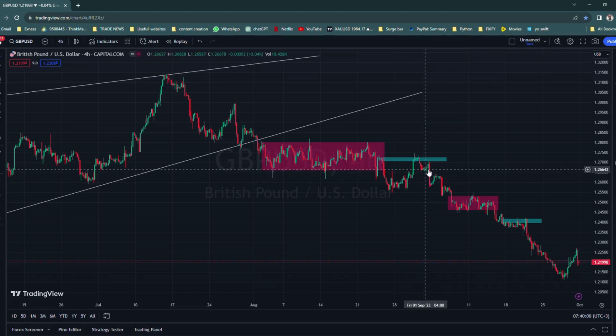As you can see, it has already paid off, because GBP USD made a move from 2650, and as you can see right now, it almost touched 2100, which is a very big move for GBP USD.